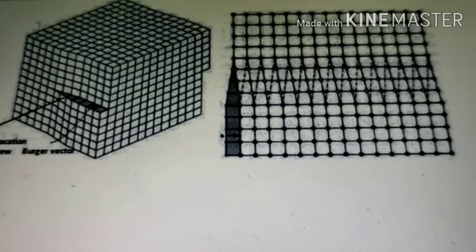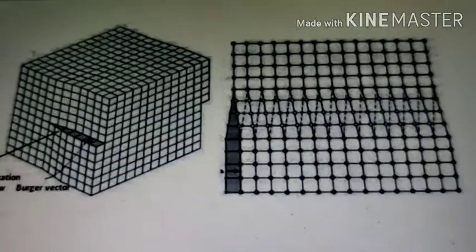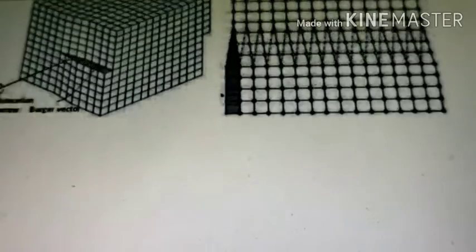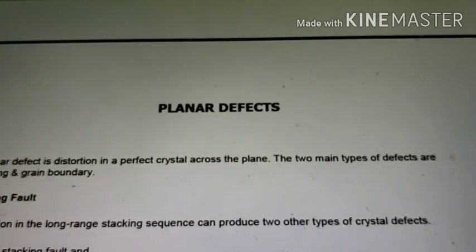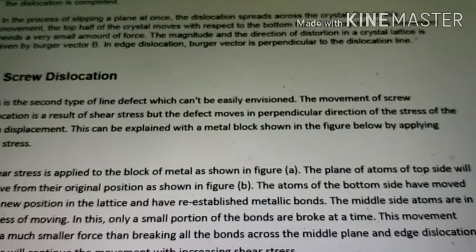It looks like a screw thread. Whenever this occurs at the edge, it may be called edge dislocation.